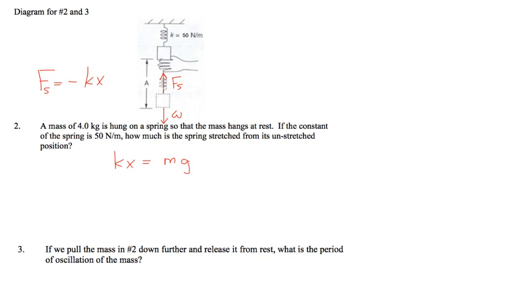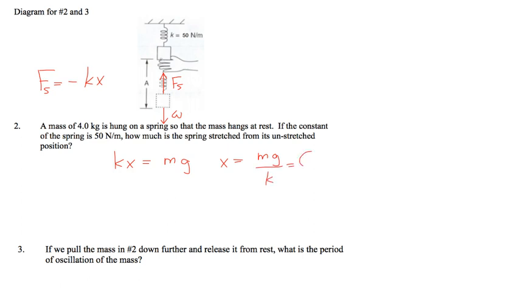And I know the k. The k was given in the problem. The mass was given in the problem, and g is a known. We're looking for how much the spring stretches, so all I have to do is rearrange this equation to solve for x. It's just mg over k.